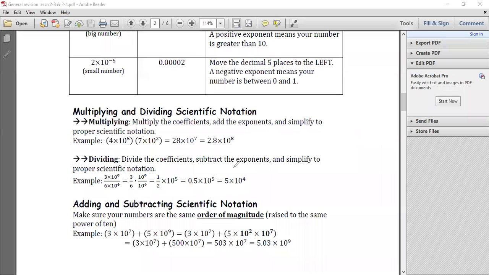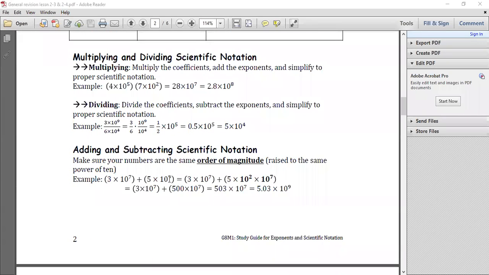Yes. Okay, let's continue. For adding and subtracting, in this question you have 3 times 10 to the power of 7 plus 5 times 10 to the power of 9. We have different ways to solve the question. The first way: you have 10 to the power of 7 and you have 10 to the power of 9.